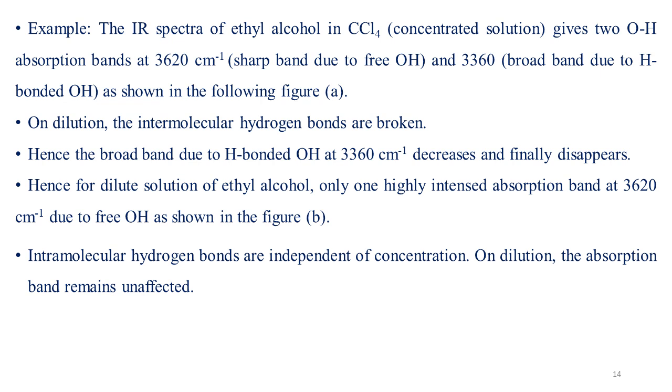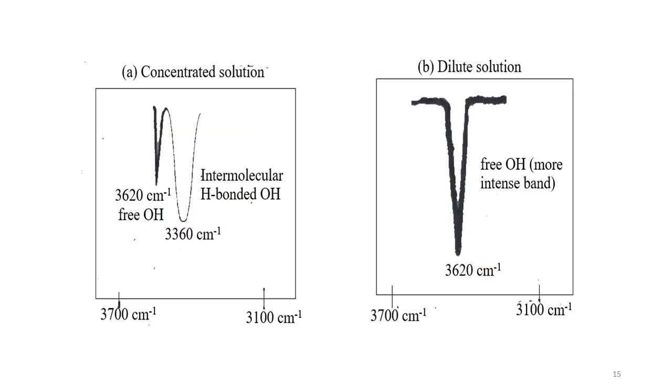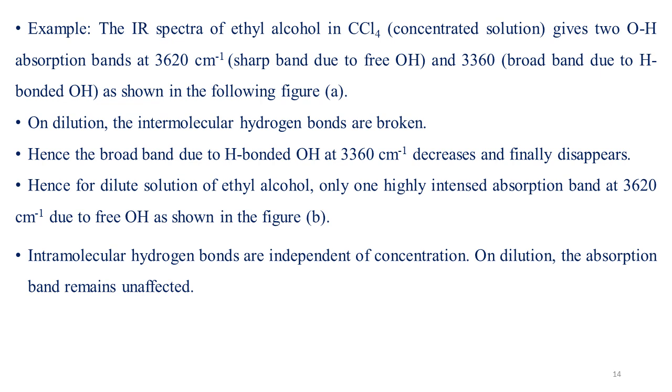So considering an example, the spectra of ethyl alcohol in carbon tetrachloride concentrated solution gives two OH absorption bands. One appears as a sharp band at 3620 per centimeter and another as a broad band at 3360 per centimeter. So it can be shown in the figure. On dilution, the intermolecular hydrogen bonds are broken.